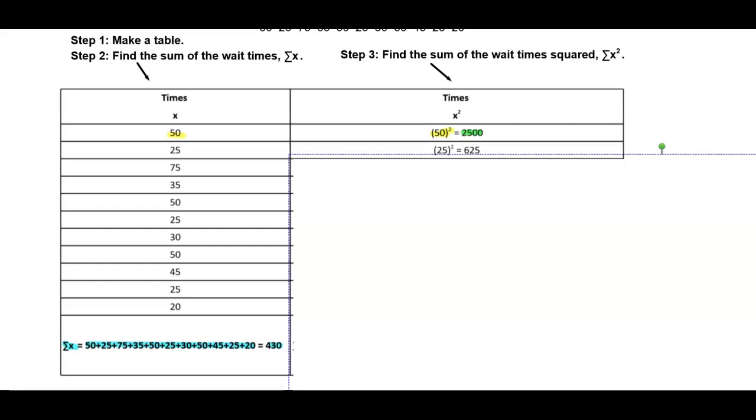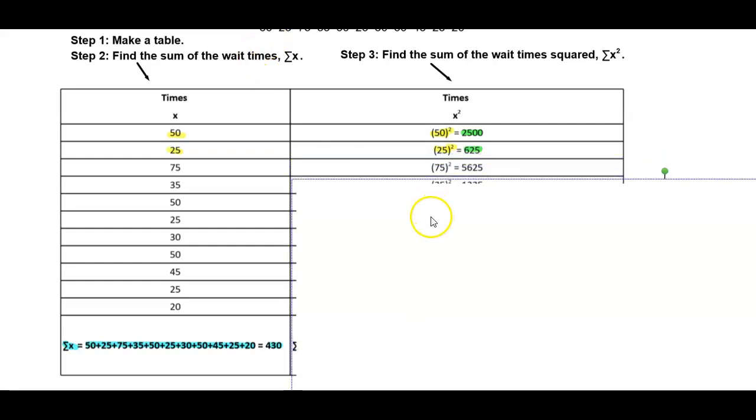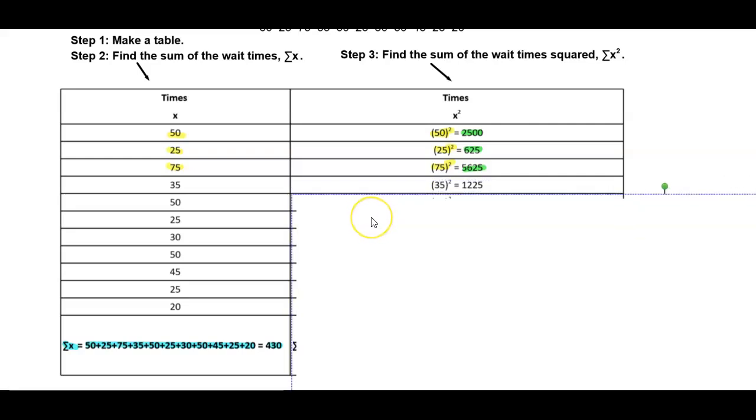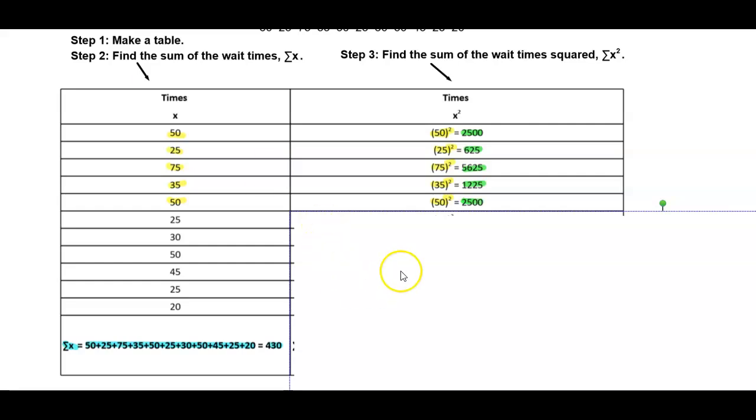Next, we take the data value 75, square it to get 5,625. Next, we take the value of 35, squaring that gives us 1,225. Take the value of 50, we square that to give us 2,500.